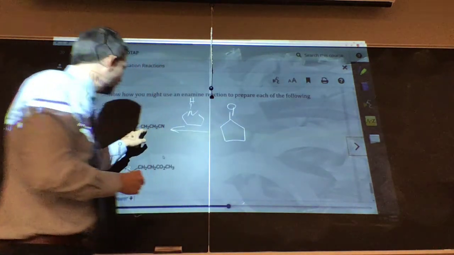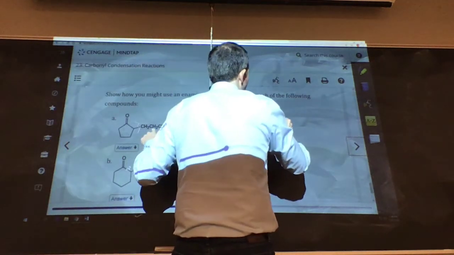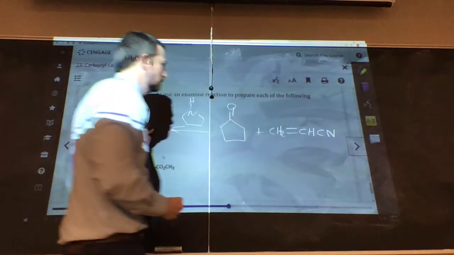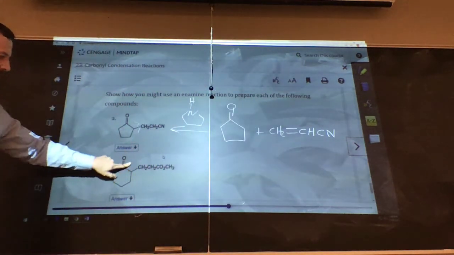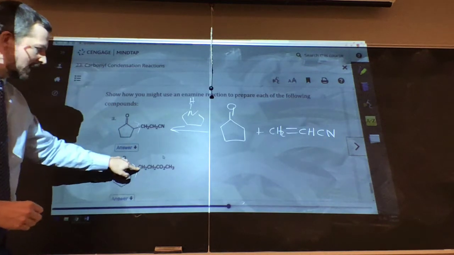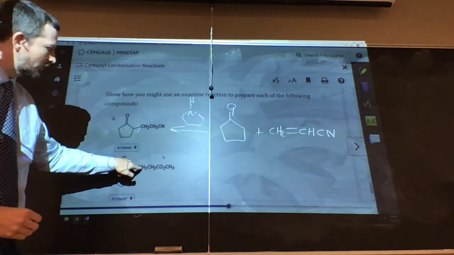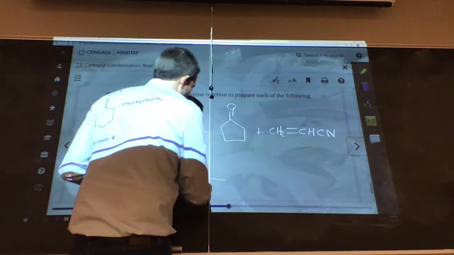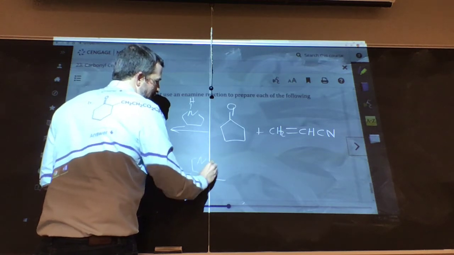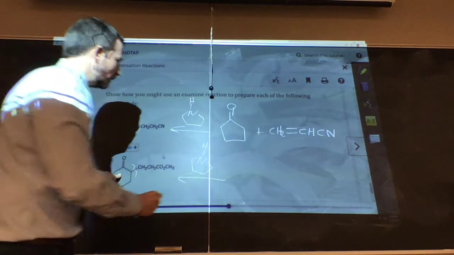When I take it apart between that beta and the alpha, I just put a double bond. Same thing here. In this case, I have a 6-membered ring. I'm attached to the alpha position, and I do have 2 carbons and another carbonyl, so that would be your Michael acceptor. I use the pyrrolidine.